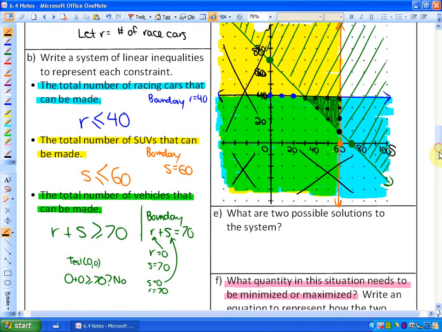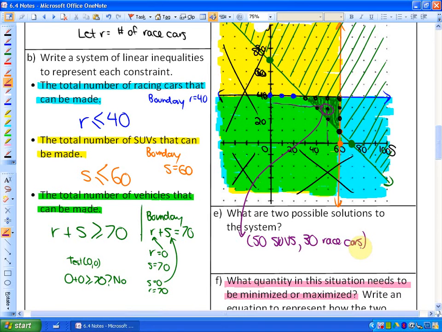So let's answer the next question. What are 2 possible solutions to the system? I can choose any of these points that are in here. So one possible solution that appears to be 50 sport utility vehicles and 30 race cars, because that meets all the constraints.